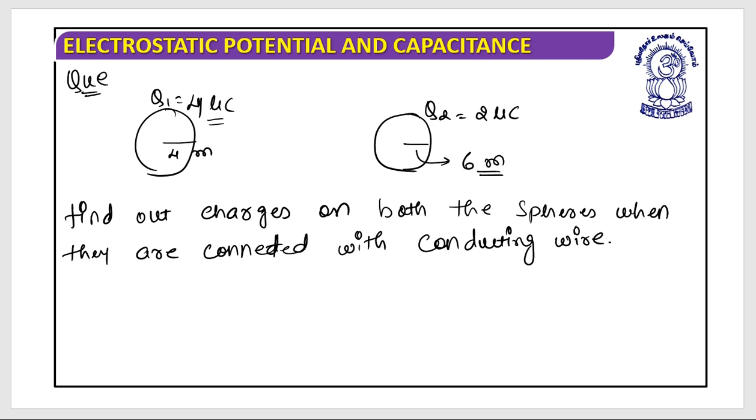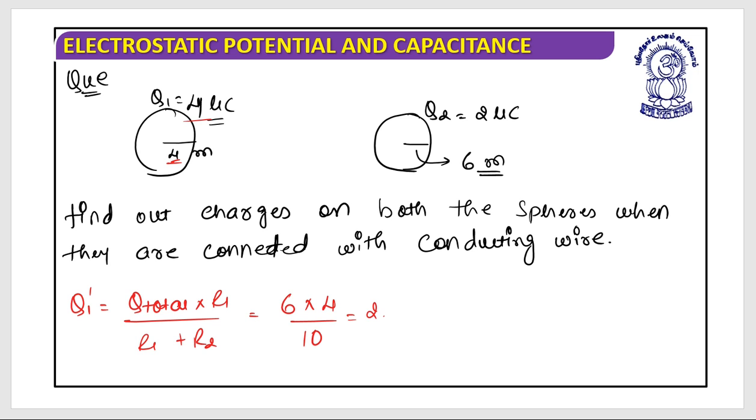So what you need to write is that Q1 dash is Q total multiplied by R1 divided by R1 plus R2. Q total is 4 plus 2, 6 microcoulomb, multiplied by R1, 4, divided by R1 plus R2, 4 plus 6, 10. So this is 24 by 10, 2.4 microcoulomb.